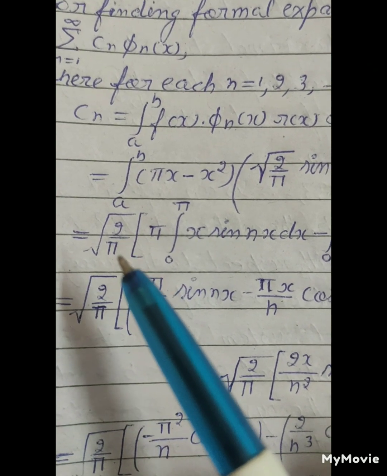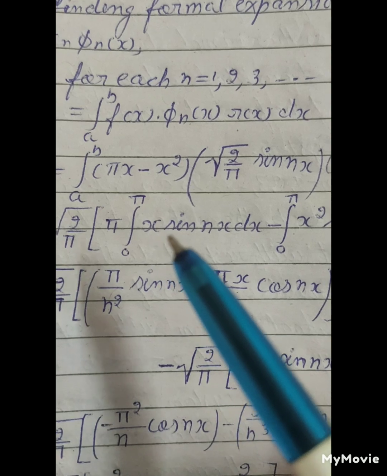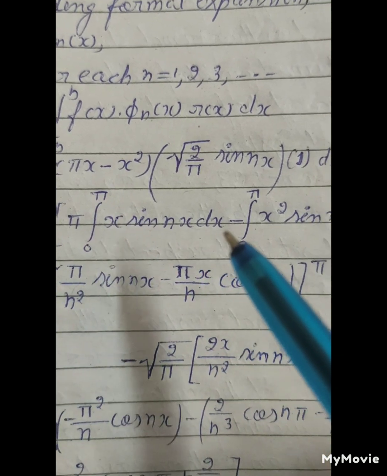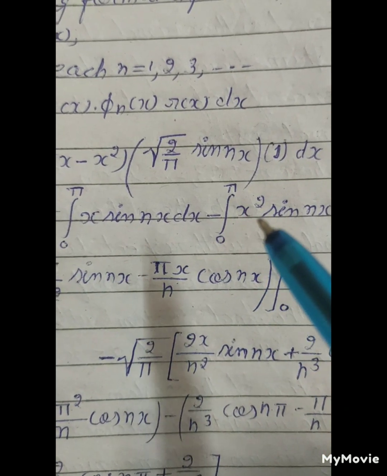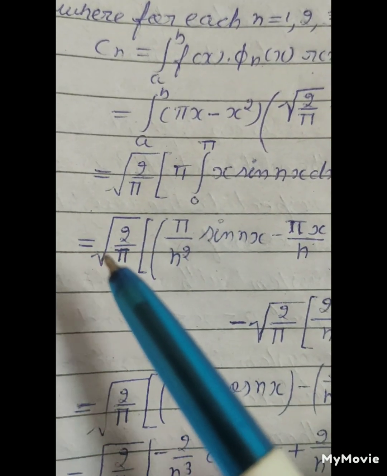That equals √(2/π) times [π times the integral from 0 to π of x sin nx dx minus the integral from 0 to π of x² sin nx dx].